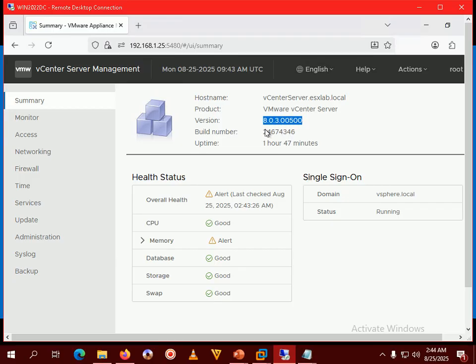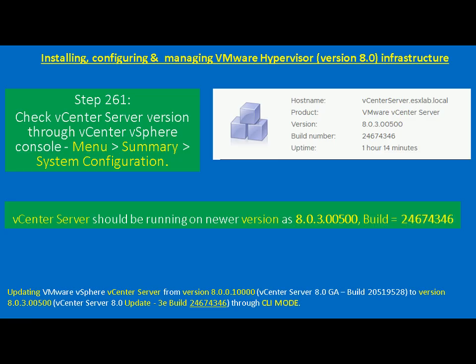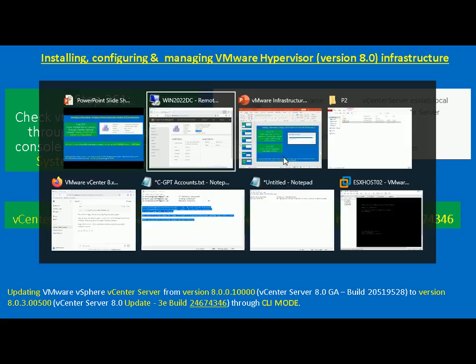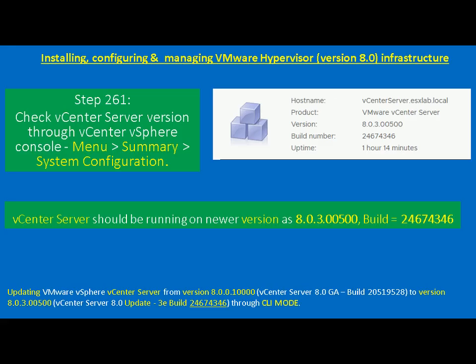This is the latest version it is showing. Okay, so as I said, vCenter server should be running on newer version, that is 8.0.3.0.0.500 build 24674346. This is what exactly it is showing over here.